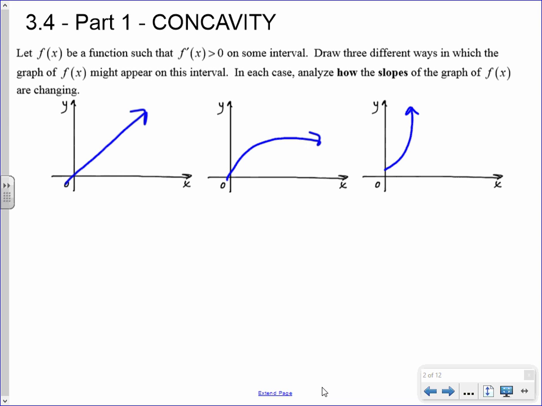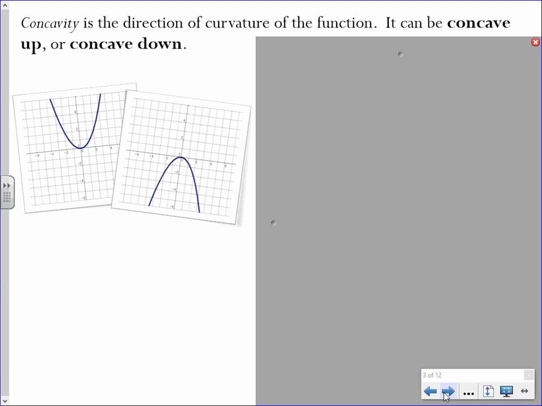These 3 different pictures, okay, they all have different second derivatives. Our second derivative describes how our slopes act. Do our slopes stay constant? Do our slopes increase? Do our slopes decrease? When our slopes increase or decrease, this is what we call concavity.